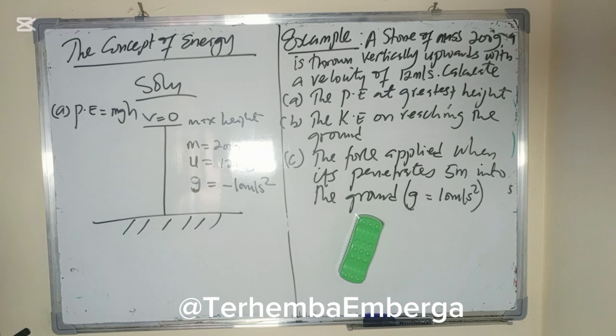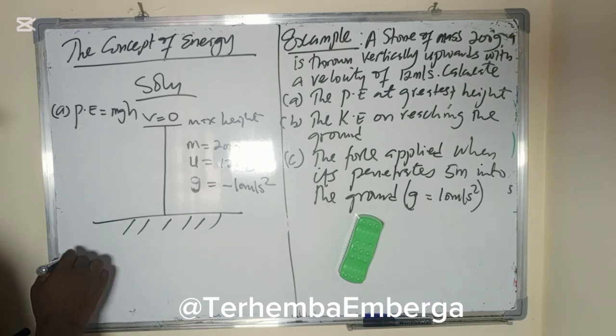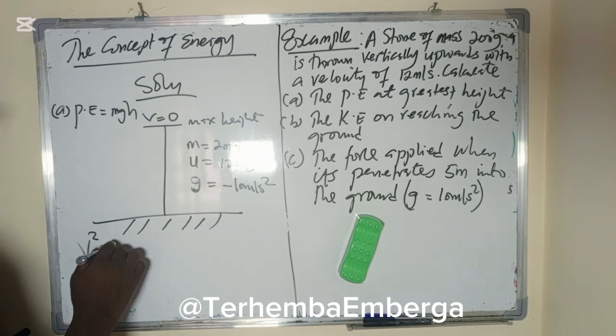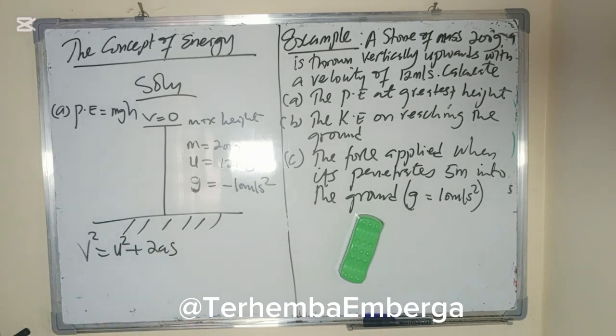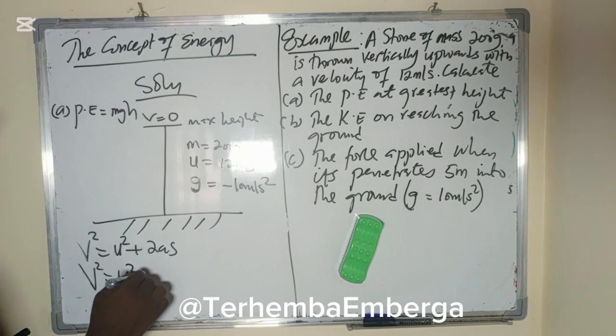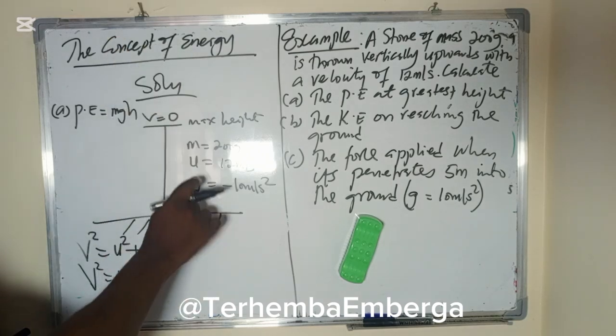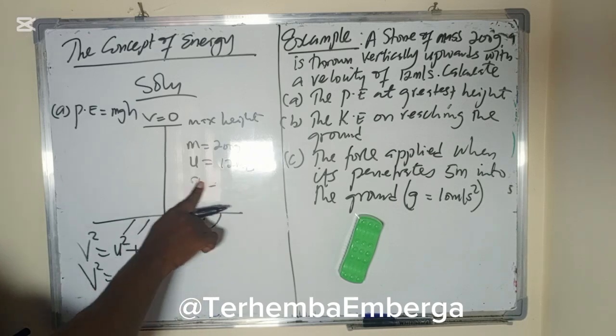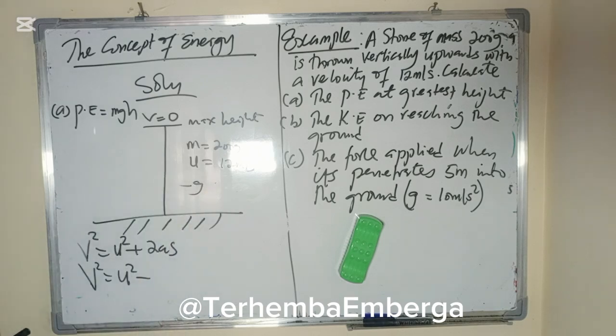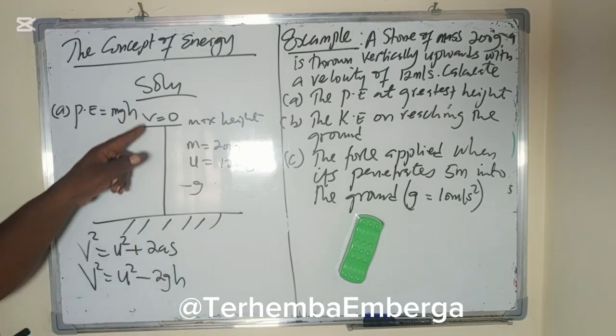So we can use the equation of motion, v square equals u square plus 2as, to help us. We can write this as v square equals u square minus 2gh, because it's going against gravity. That's the reason for the minus here, the g is minus. So we now have minus 2gh, where h is the vertical height.